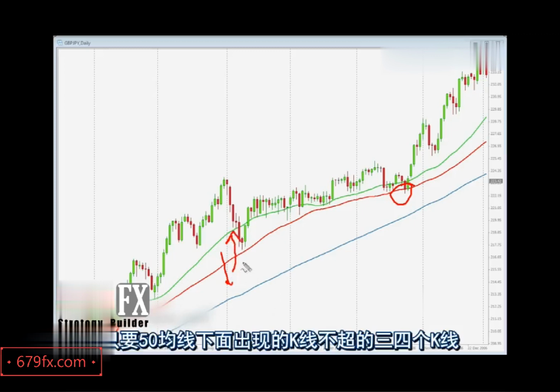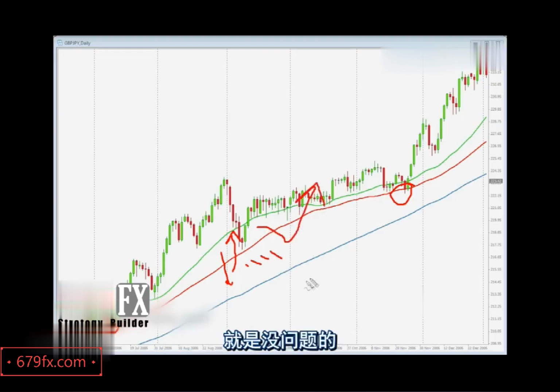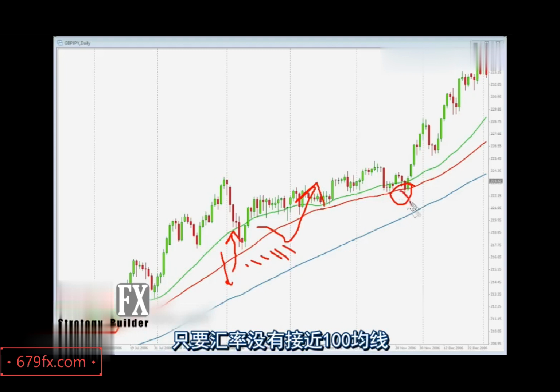As long as you don't begin to get 1, 2, 3, 4 bars closing below the 50, as long as it's just a quick dive below and immediately after, bang, it goes back up, then you are all right. As long as you don't get multiple bar closes below the 50, and price gets nowhere near the 100, that is okay whenever it begins to turn around.